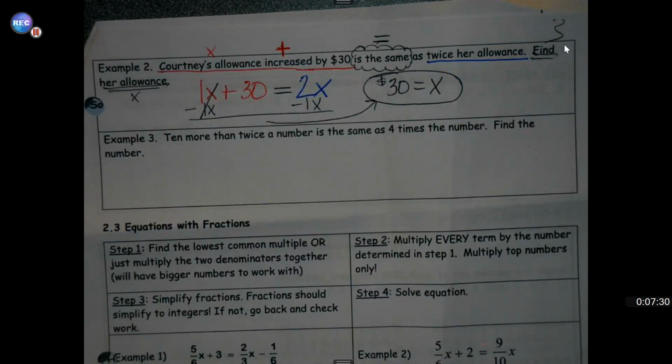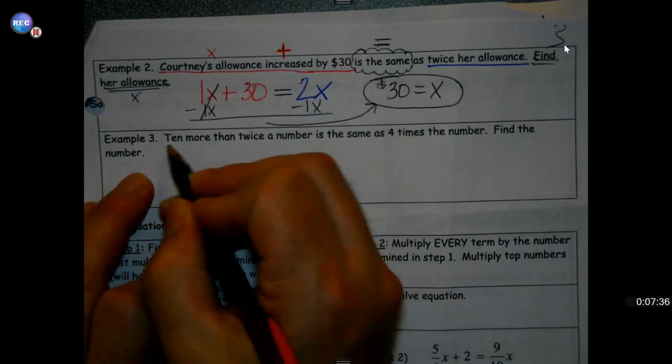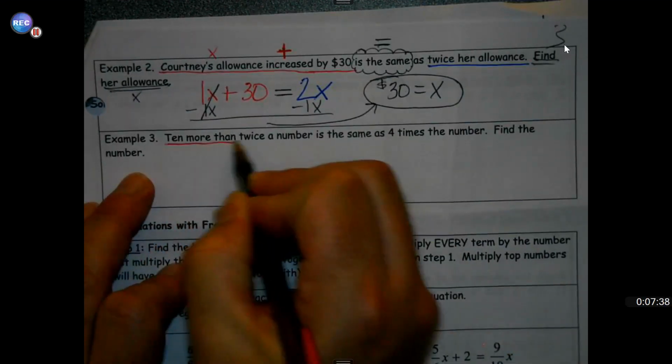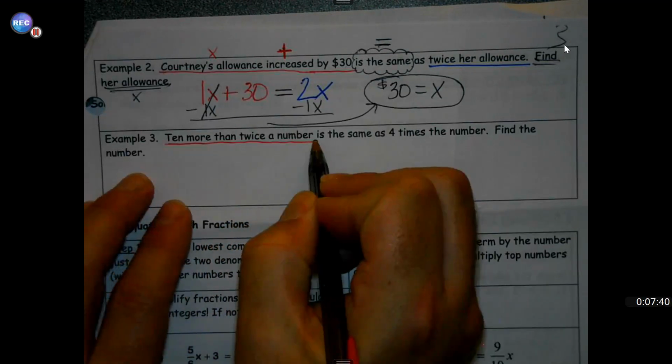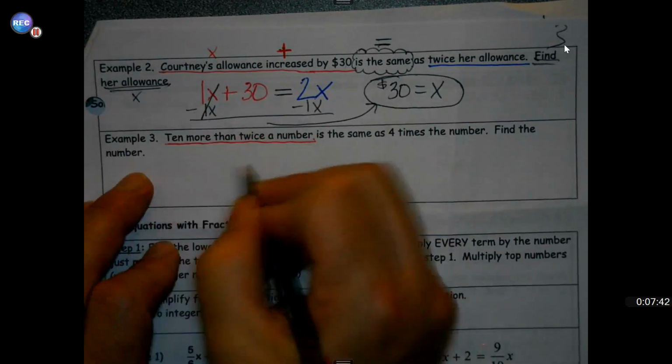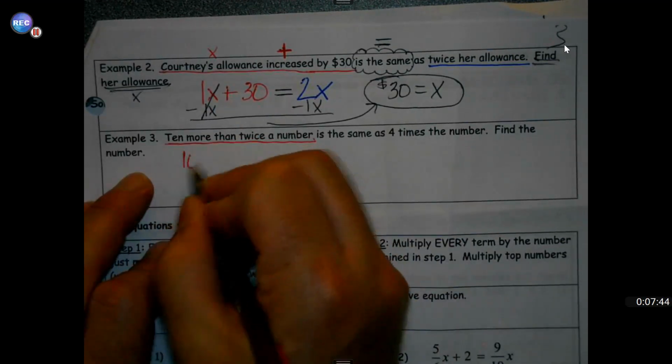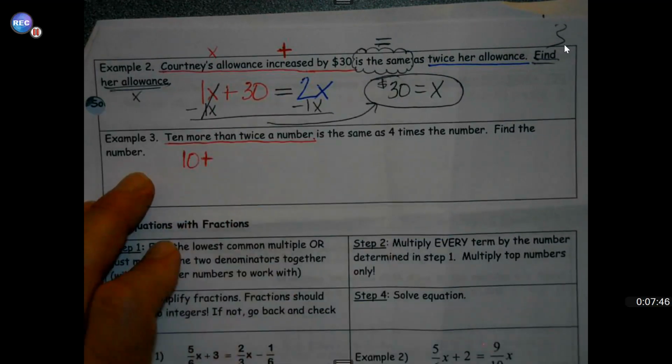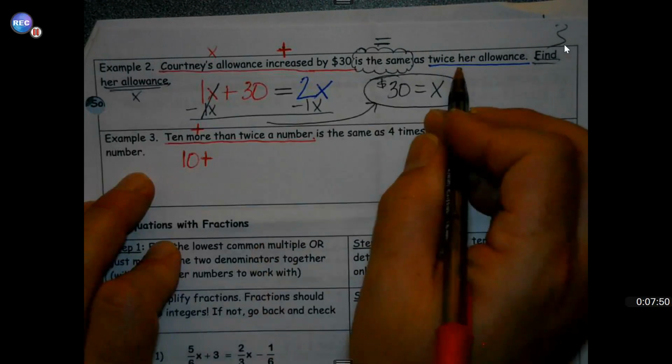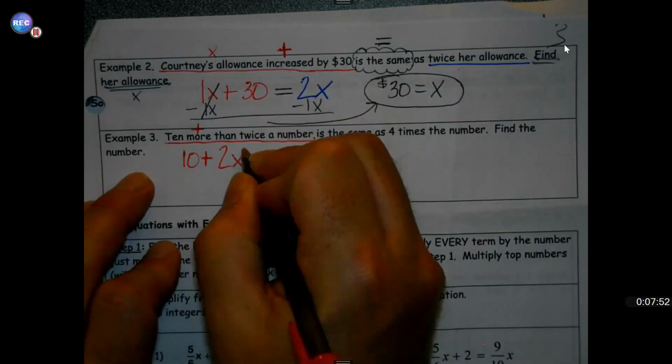One last one. Again, let's see what we got. 10 more than twice a number. Okay. 10 more, 10 plus, then twice a number. We just saw what that was over here.